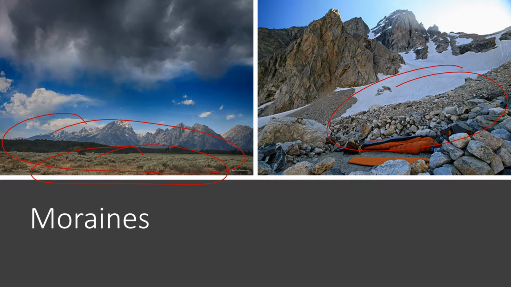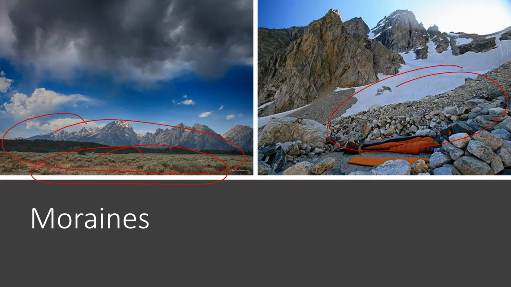So the moraine: when you have a period of glaciation, there's going to be some location of maximum extent for the glacier, and it's that place where the ice is melting faster than it flows, and that's as far as the glacier progresses.